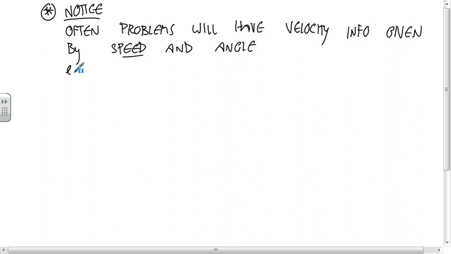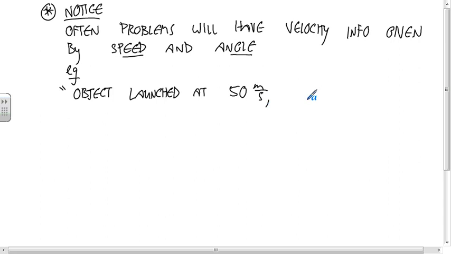For example, a problem will say an object is launched at 50 meters per second, 20 degrees above the horizontal.